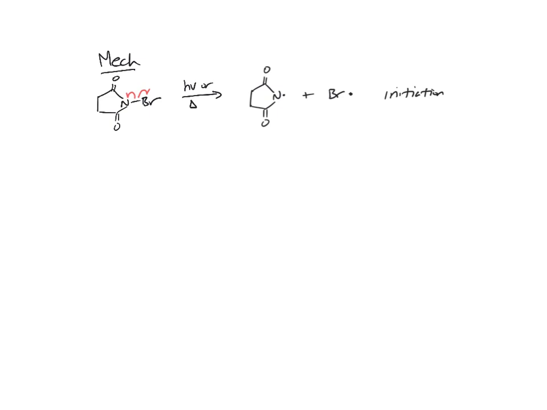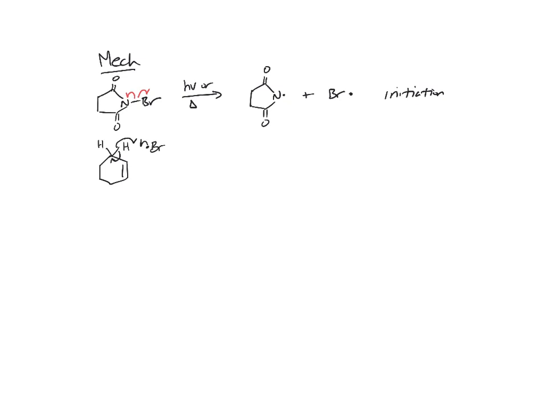So let's go into the propagation steps. We have our alkene, and there are two allylic hydrogens. The bromine radical is going to react with one of the allylic hydrogens, and it's going to cleave that bond homolytically as well.